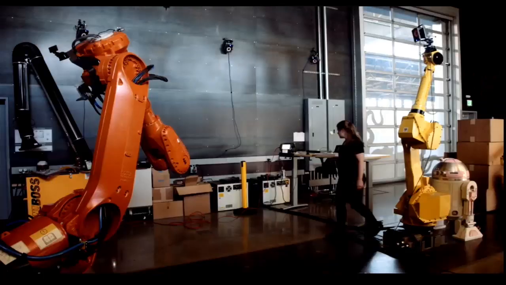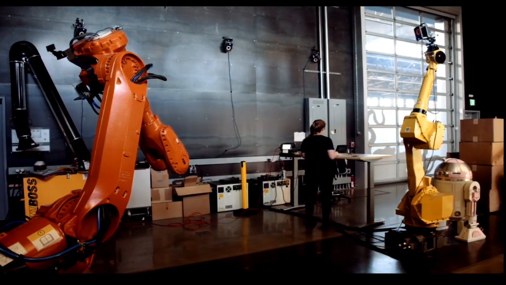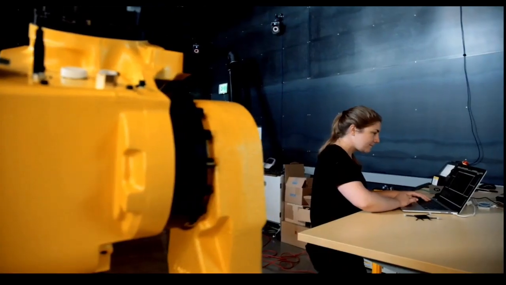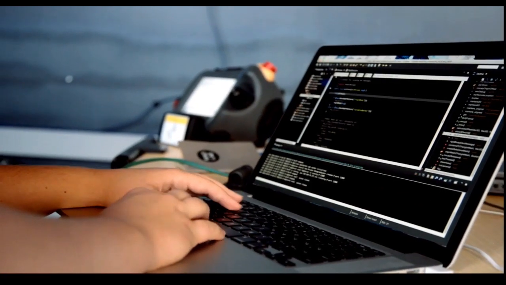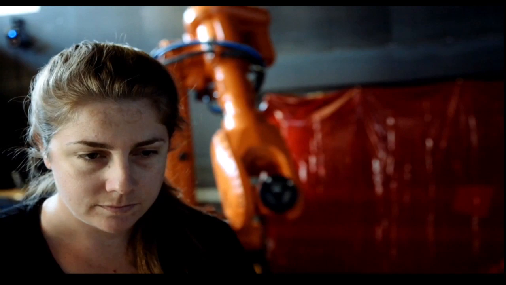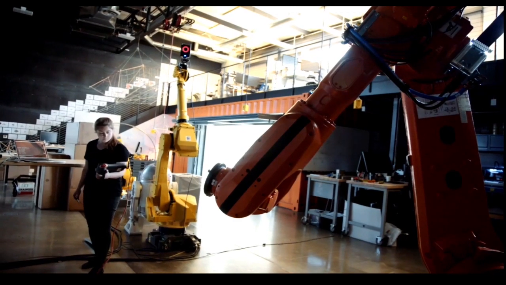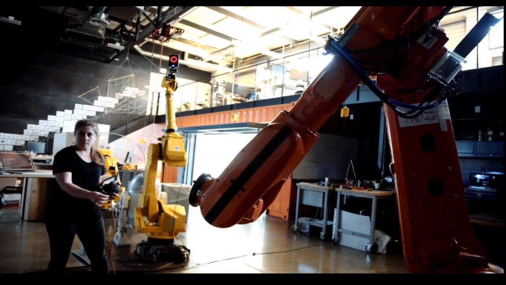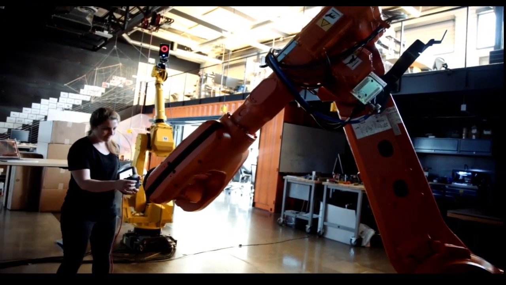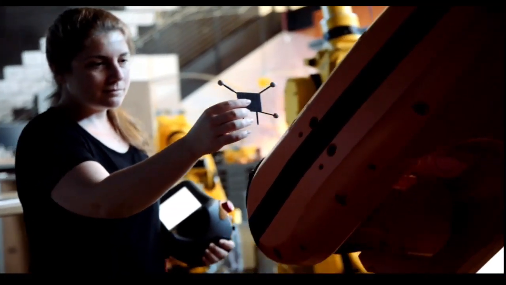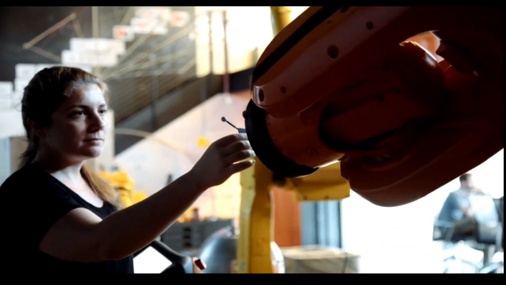Another thing that I'm working towards is finding ways to bring these machines out of factories and into live environments, so onto construction sites or onto film sets. There's a chance for unpredictable objects like people to be moving into the environment. That's one of the reasons why I wanted to build this system, to give the robot eyes so that it could actually see me and we could safely collaborate in a shared space.